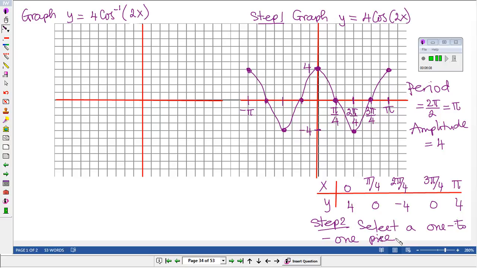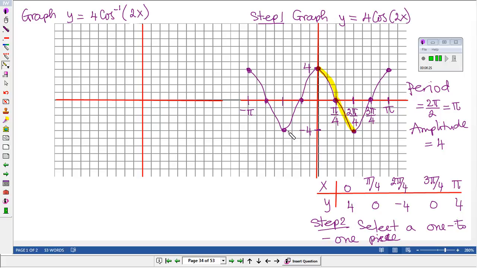And the piece must be closer to both the x-axis and y-axis and have the range from negative 4 to 4. So therefore, I'm going to select this piece right here. This piece has the range from negative 4 to 4, and it's closer to both the x-axis and y-axis.